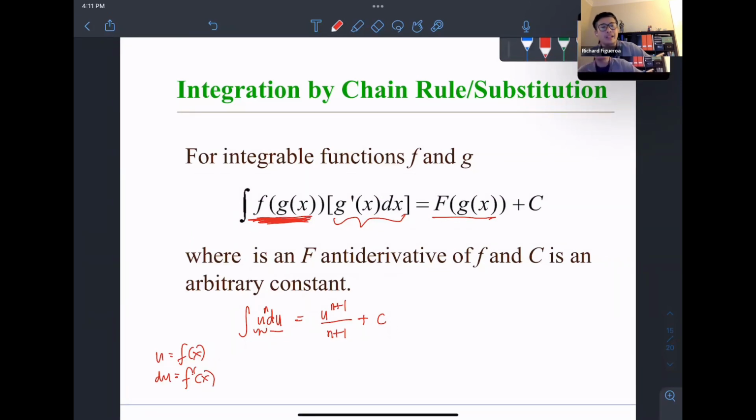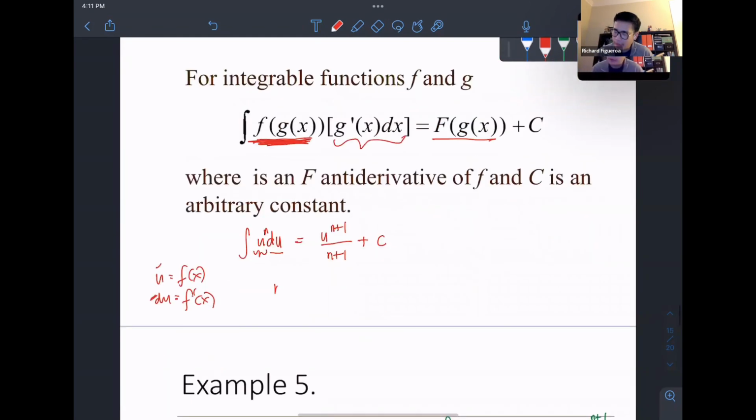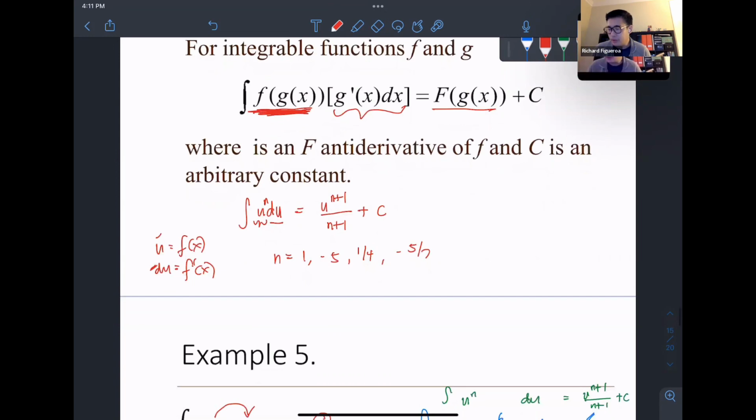We can use this as long as, after deriving the value of u, I'll be able to get the derivative of u. So n could be an integer, a 1, a negative 5, a 1/4, or a negative 5/7. Those would be our values of n, and u could be any function. Once I derive u, I'll get the rest, then I'll be using this formula.